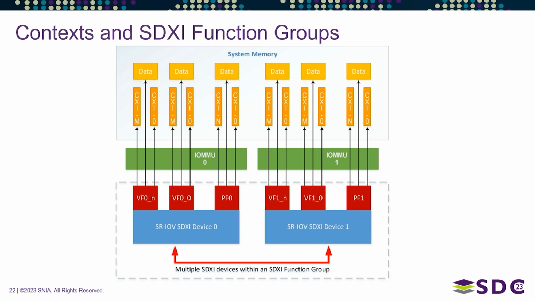And something else that is also different in the spec is multiple STXI devices can be part of one function group. What that means is if you are part of the same function group, you can do data movement from one device's address space to another device's address space because they are part of the same function group.